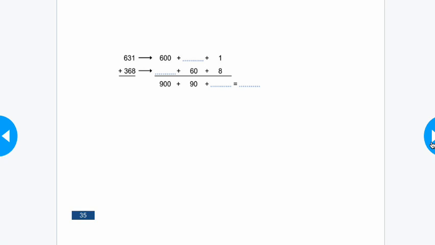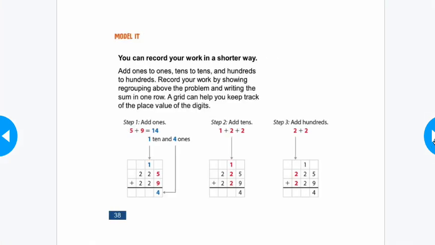No. The partial sum strategy is one to help us break those numbers down if sometimes we forget to carry those numbers. Remember, whenever we add numbers, we always start at the ones, then we move to the tens, then we move to the hundreds.